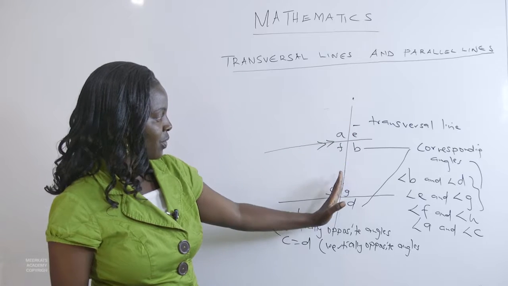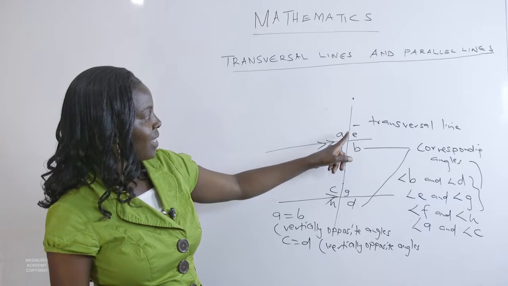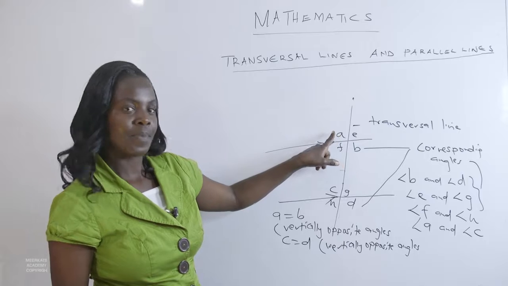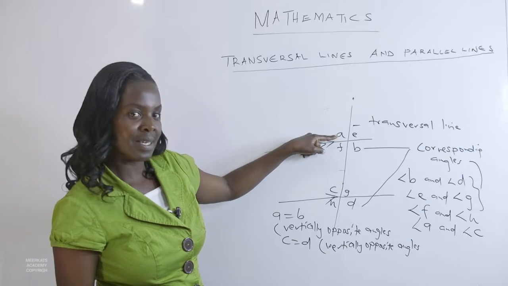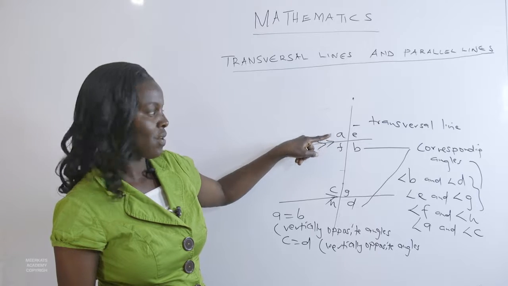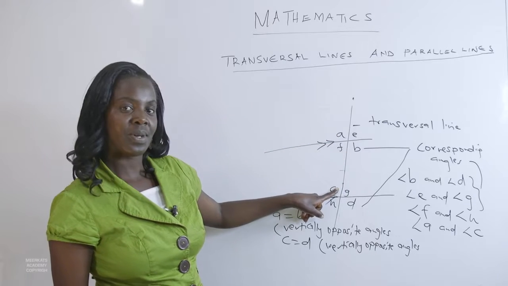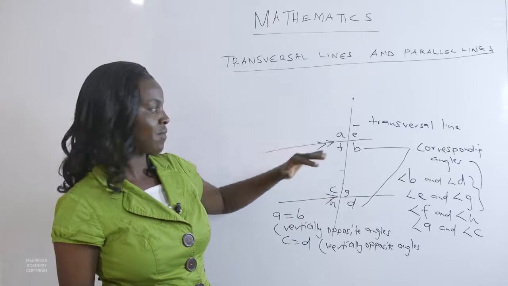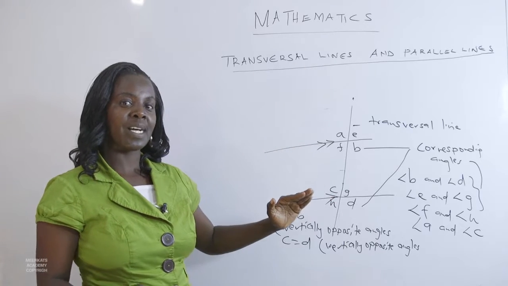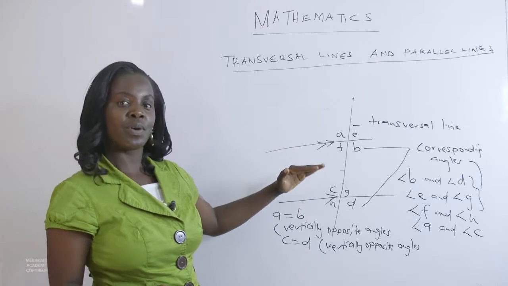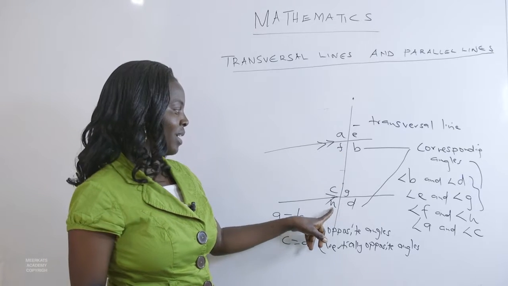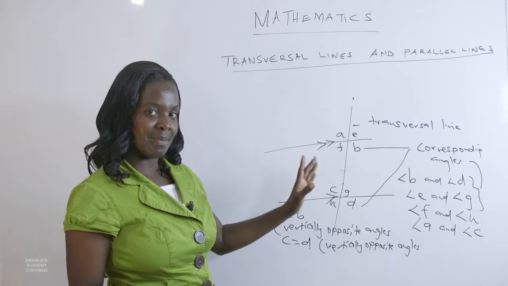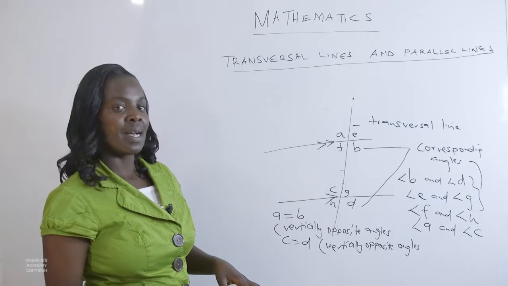They are also corresponding angles because you realize that this A is on the same side of the transversal line, and this one is at the top of this line. C is also at the top. So if one is at the top, the other corresponding angle should also be at the top of the other line. If it is at the bottom, then it should also be at the bottom, but on the same side of the transversal line.